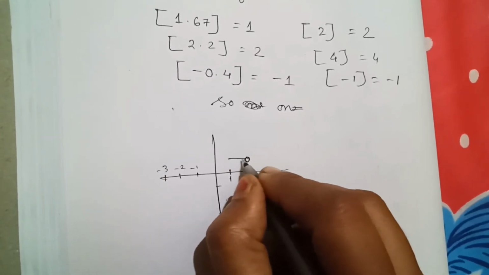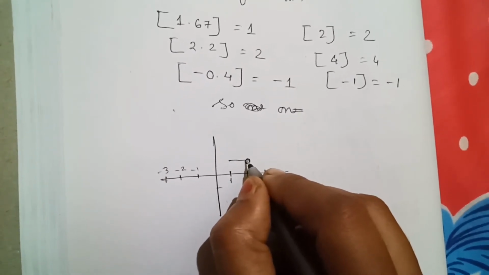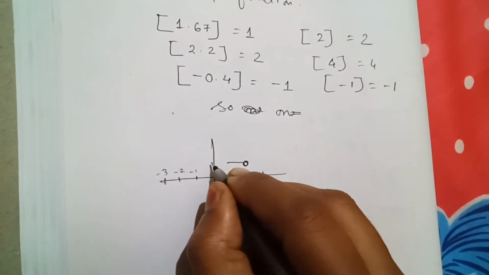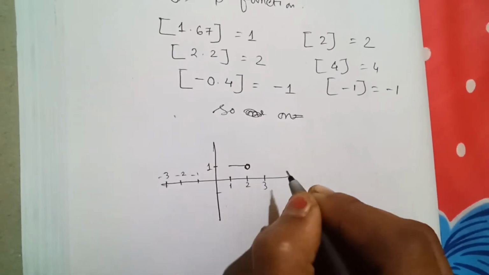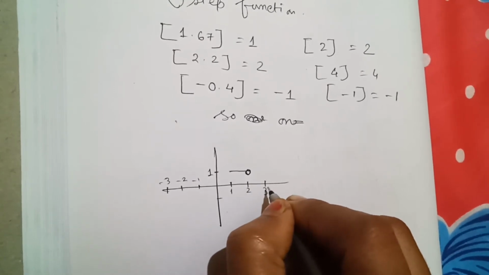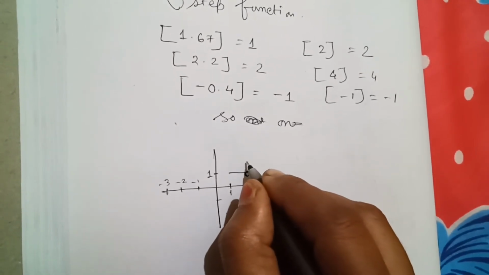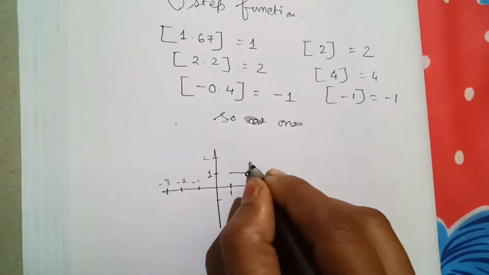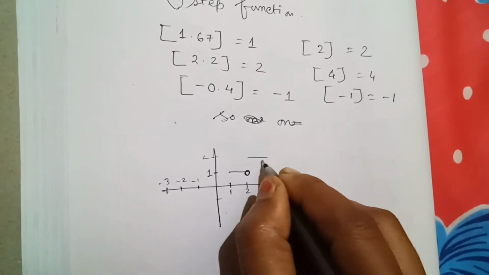If the value is 1.99, then we will get 1, right? This is 1. If the value goes from 2 to 2.99, we will get 2, like this.